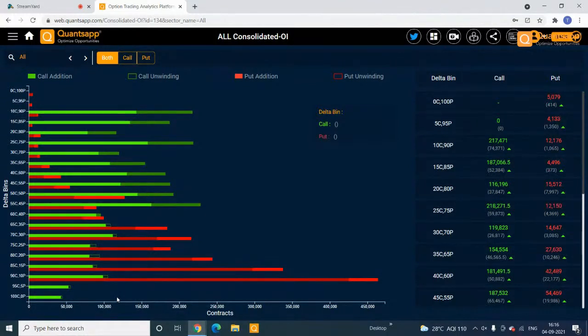The put writers are getting a little aggressive. They are writing at the money strikes. We know that the 50-45 delta range is your at the money options, correct? So you see that puts have been written near the 45 put delta and 50 put delta.